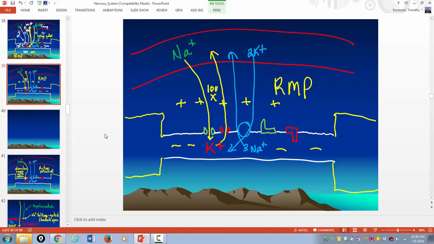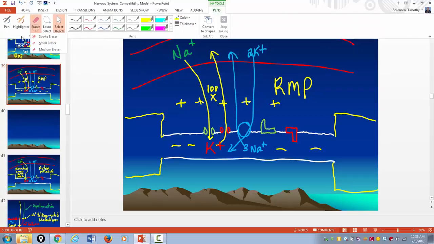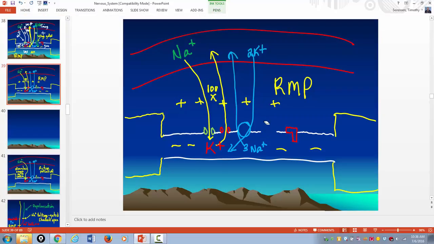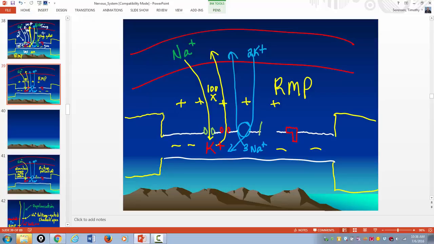At threshold, sodium leaked in because you have stimulated that nerve. That's going to activate and open up the sodium voltage gated channels. And what does that sodium do? It doesn't leak in, it floods in. Bam! Tons of sodium is going to rush inside that node.